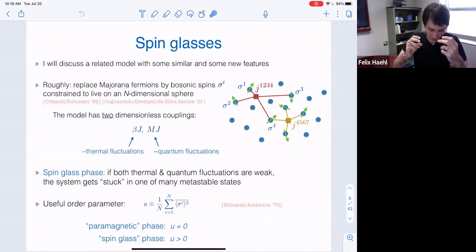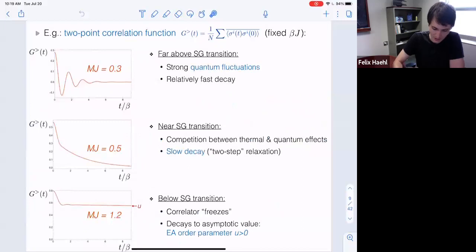So it's essentially this quantity U that we're going to have all over the place, a two-point quantity which characterizes the fact that these different spins have this self-overlap. Let me make this a little bit more concrete. Let me show you something more familiar where this quantity U shows up.